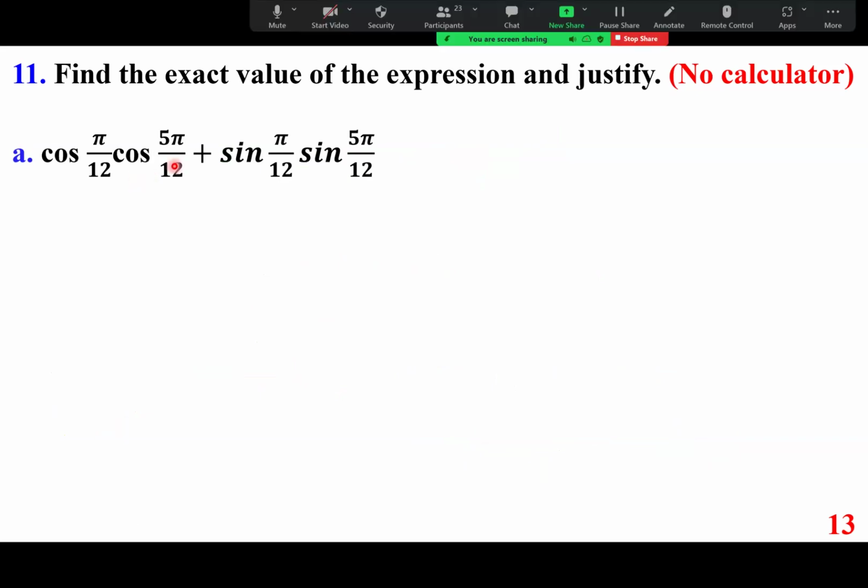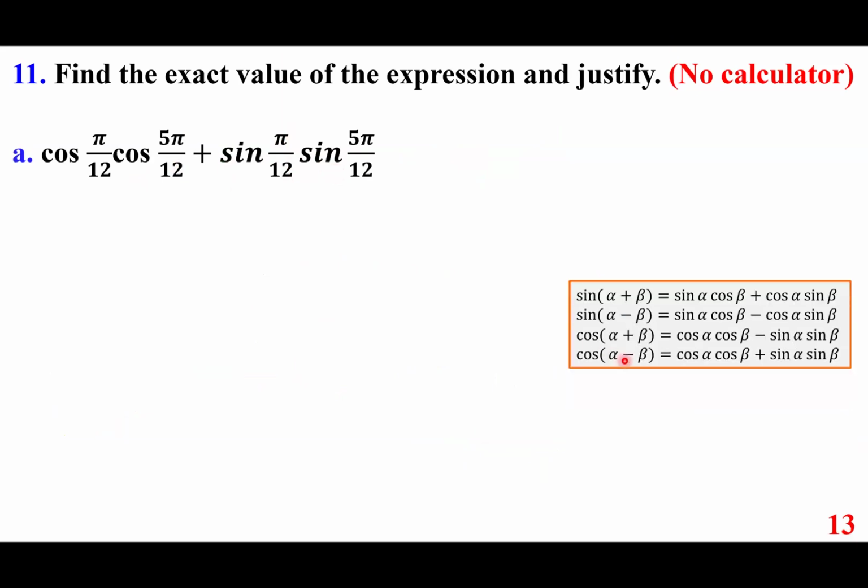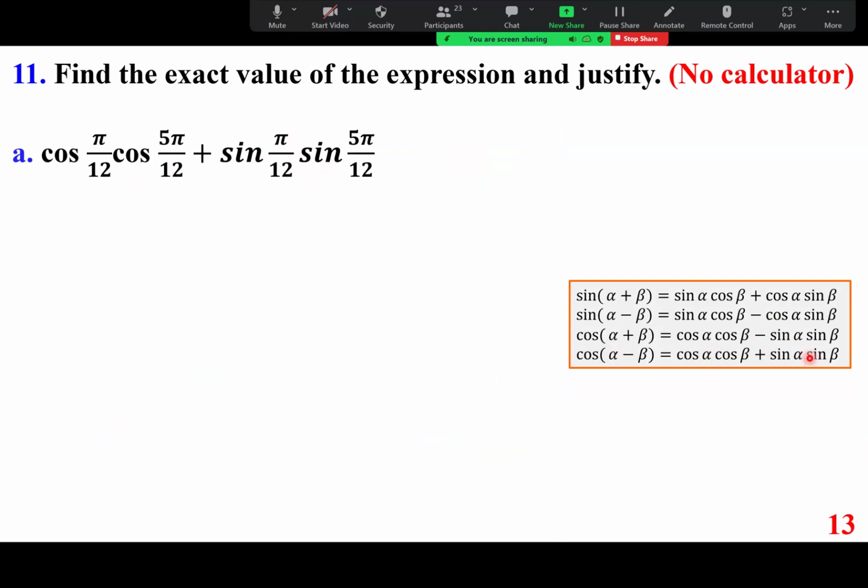Cosine of pi over 12, cosine of 5 pi over 12 plus sine of pi over 12, sine of 5 pi over 12. And we should recognize this as cosine of alpha minus beta. So cosine of alpha minus beta is cosine alpha cosine beta plus sine alpha sine beta, because there's a plus here.